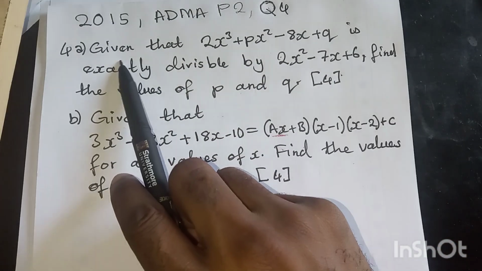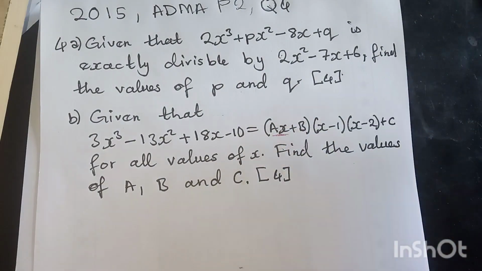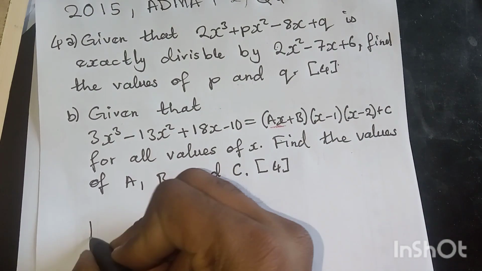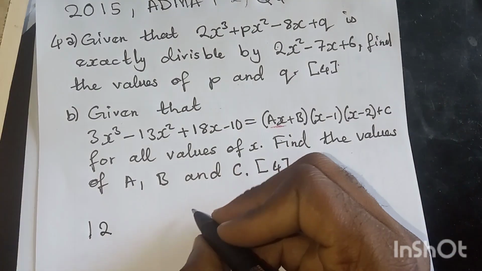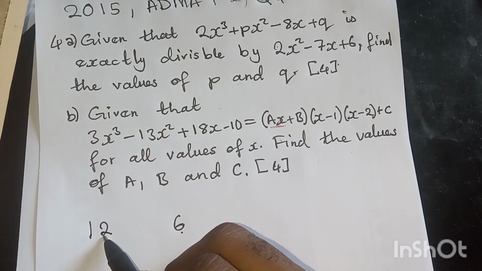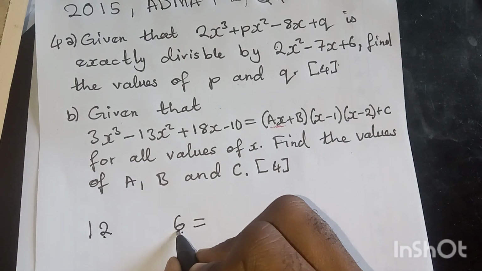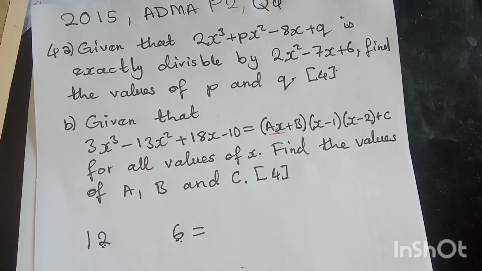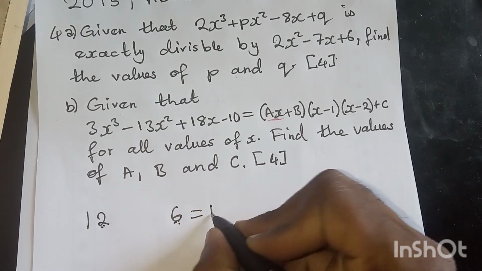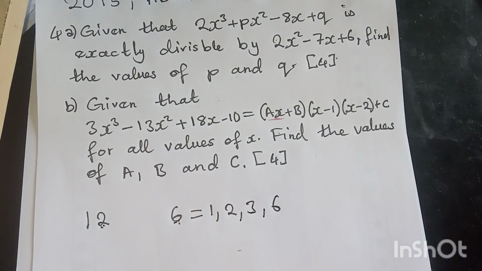So to solve this one, let me just give you some information you may need. If for example 6 is a factor of 12, then the factors of 6 are also factors of 12. What I mean is 6 has factors like 1, 2, 3, and 6 itself.